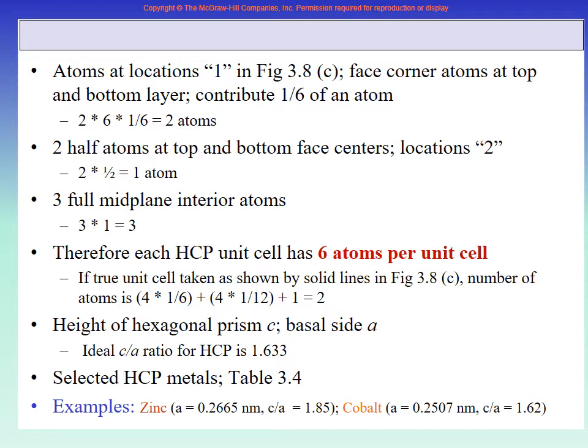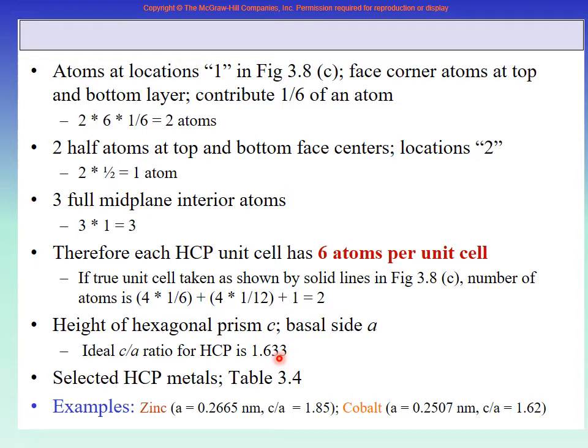Now there is one thing: the height of the hexagon is C and the basal side is A. Ideal C by A ratio: if there is to be an HCP where everything is perfectly touching each other, then mathematically we can find out that the C by A ratio should be 1.633.